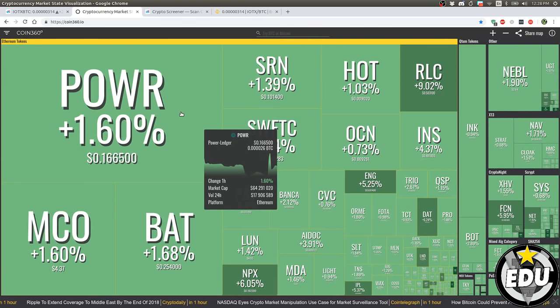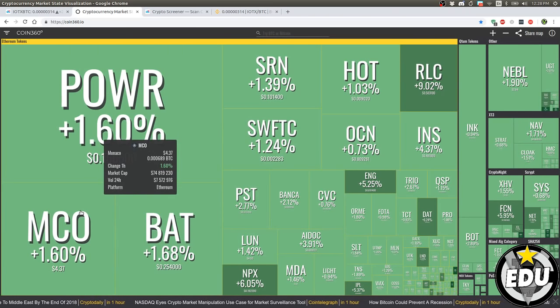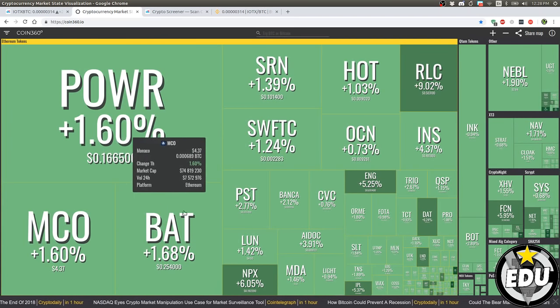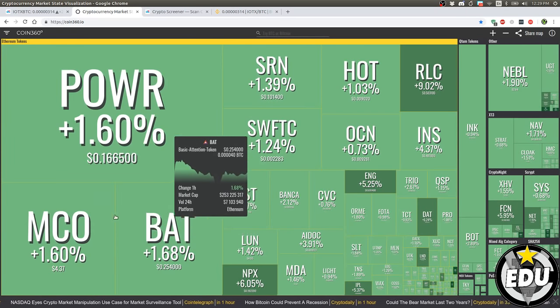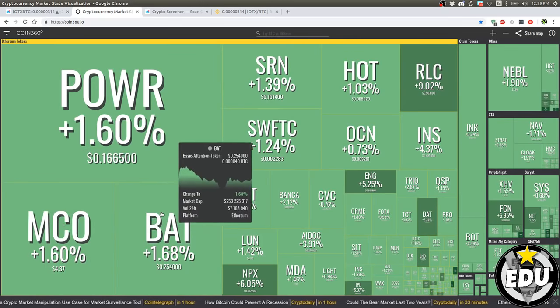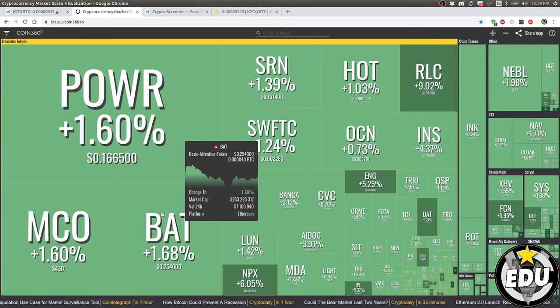Power, volume 24 hours, 17 million. And MCO, 7 million. And BAT, 7 million. So MCO and BAT are exactly the same because the volume in 24 hours is the same. Of course, this doesn't tell us how much the volume has increased.